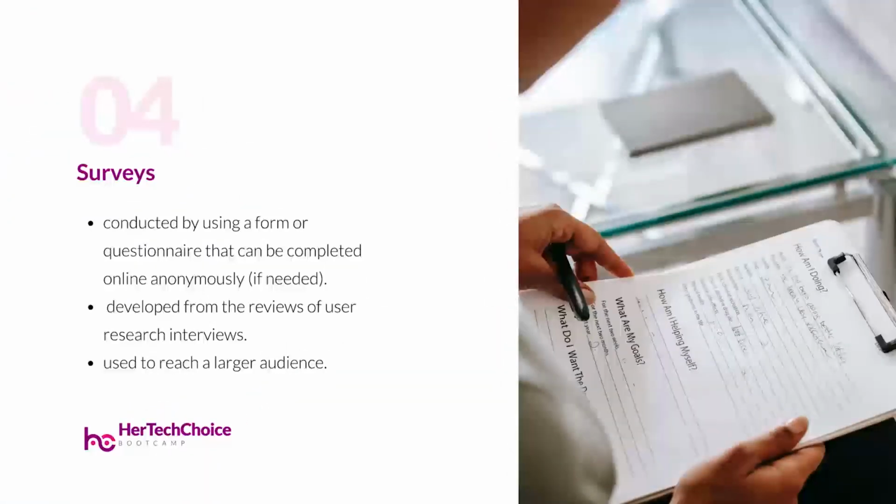An example is a survey. Surveys are conducted by using a form or questionnaire that can be completed online, anonymously if needed. They are developed from the reviews of user research interviews and are used to reach a larger audience. When you ask for many users' opinions, you will gain massive amounts of information.